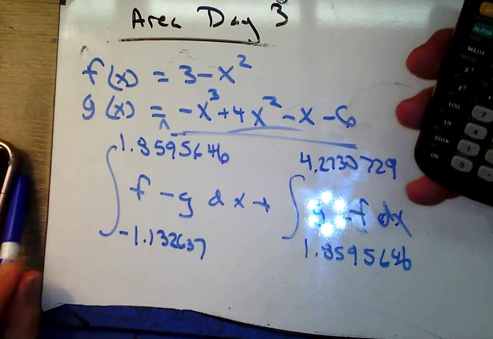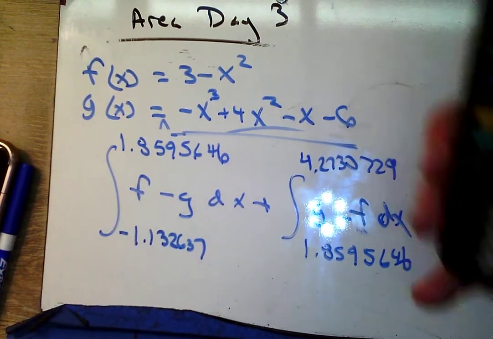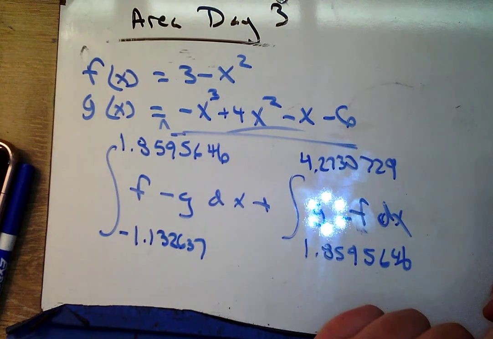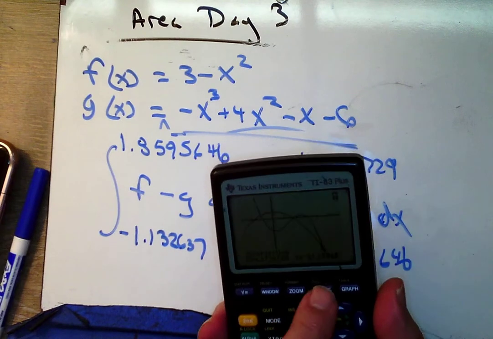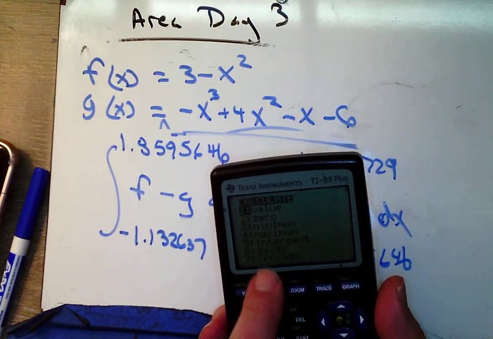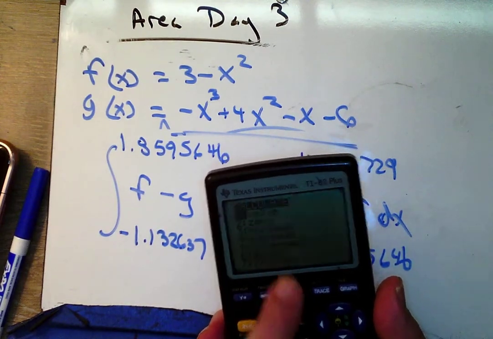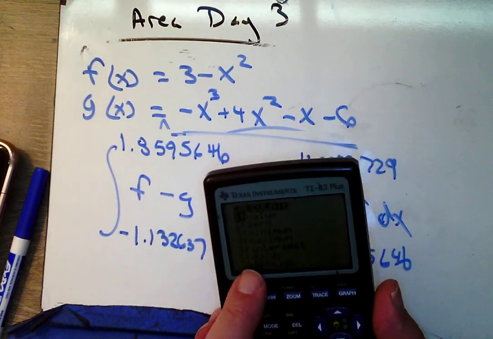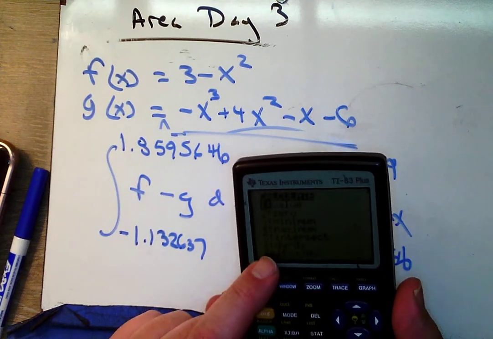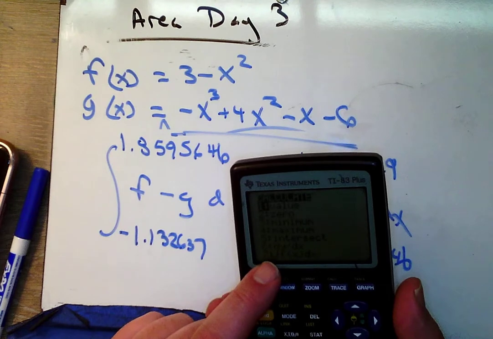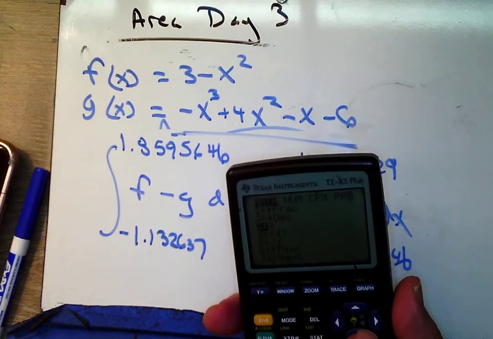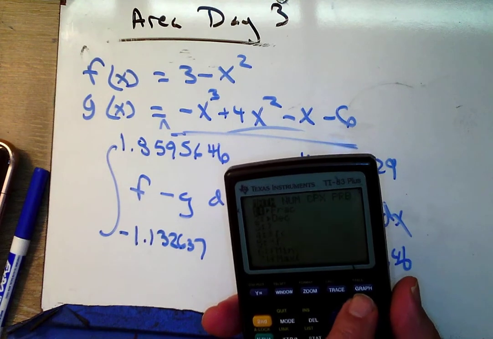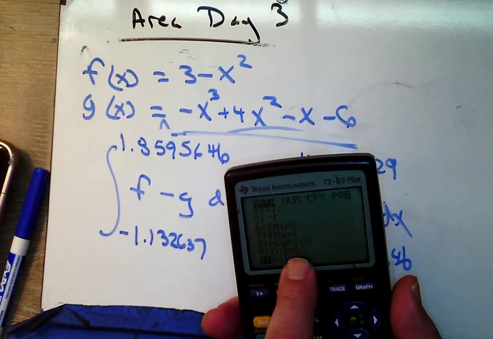So since this is with calculator, because I couldn't have found those intersection points any other way, I'm going to do this with the calculator. Oh, by the way, some people may have discovered this thing down here, the integral of f of x. I don't actually use that one. It's not as consistently correct as the one here, function integral.